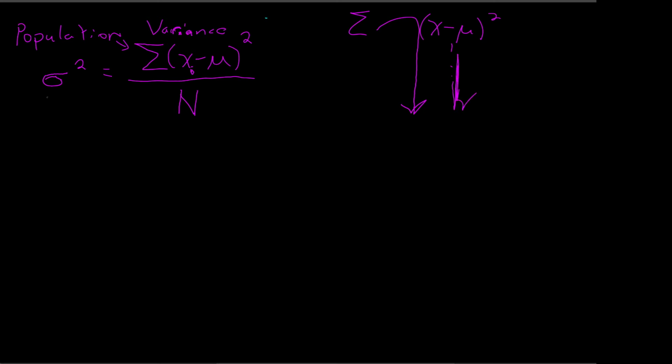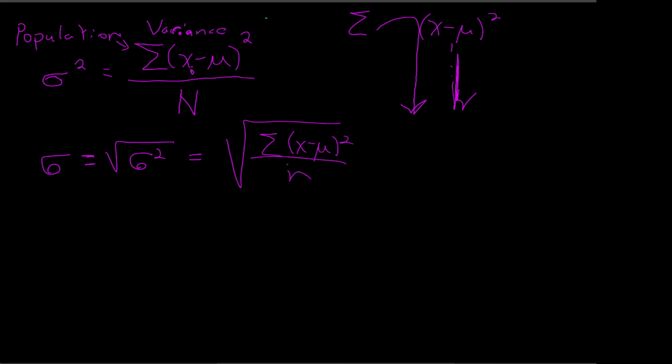Now the reason we use the sigma here is, if I take the square root of this, sigma on its own, which is the square root of the variance, I'm going to take the square root of this whole side, oops, capital N, we've got a big capital N, and this is known as the standard deviation.